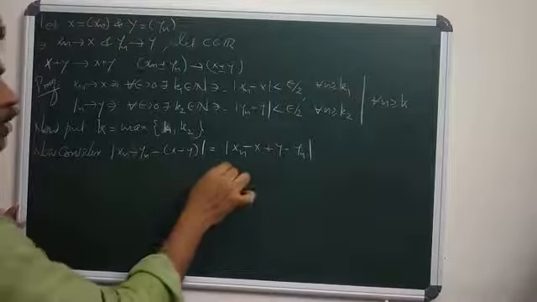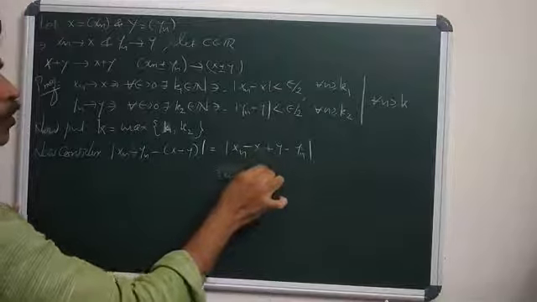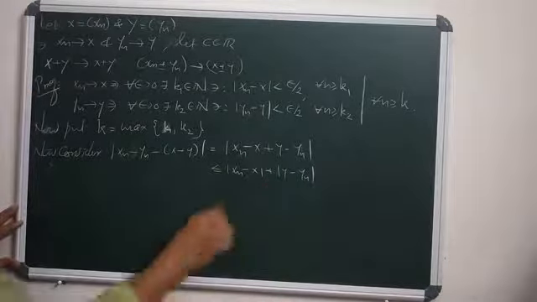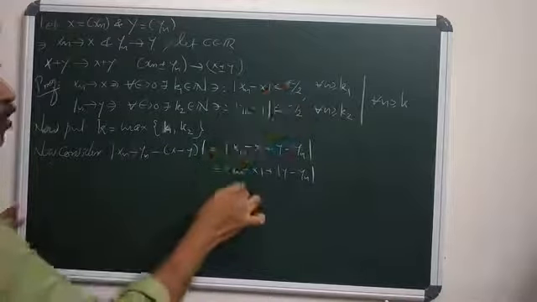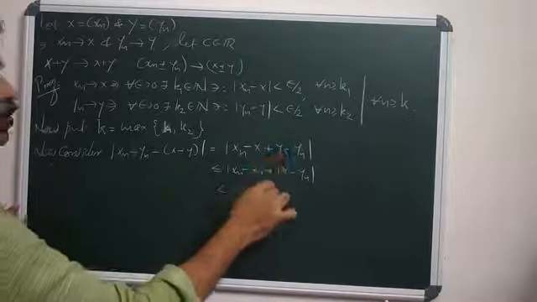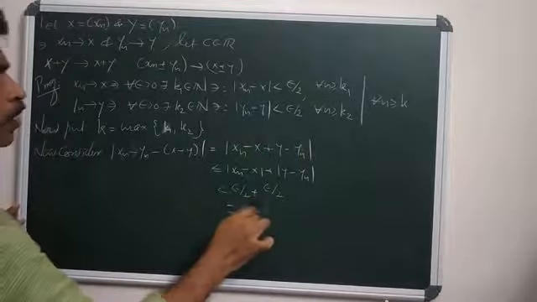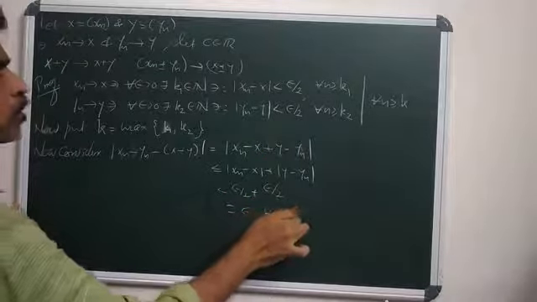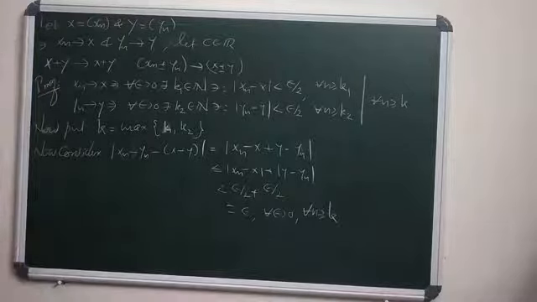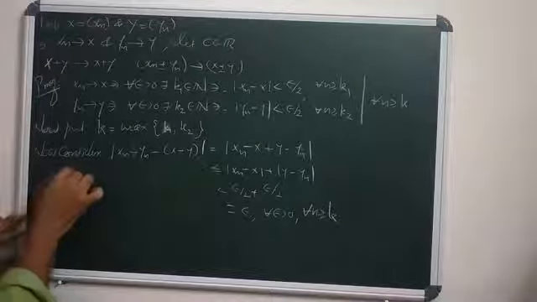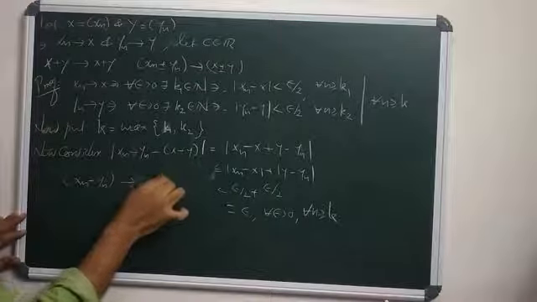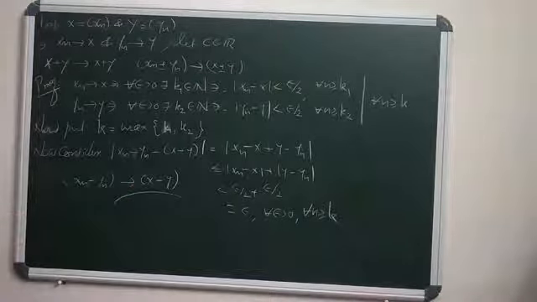By using triangle inequality, it is less than or equal to mod x_n minus x plus mod y minus y_n. Mod x_n minus x is less than epsilon by 2, plus mod y_n minus y, or y minus y_n, less than epsilon by 2, equals epsilon, for all epsilon positive and for all n greater than or equal to k. That means x_n minus y_n converges to x minus y.